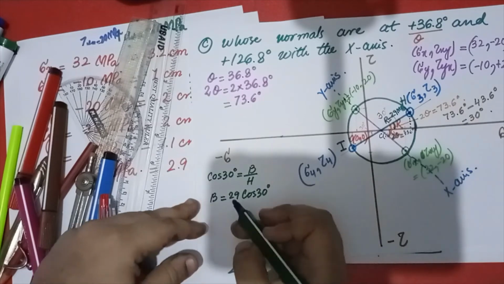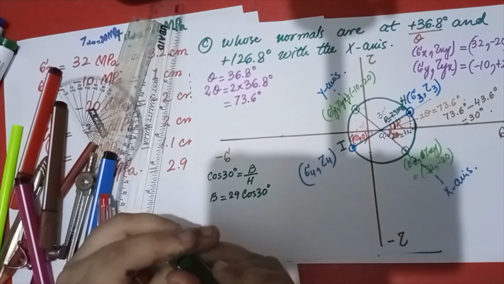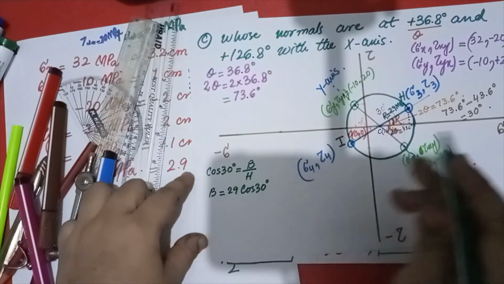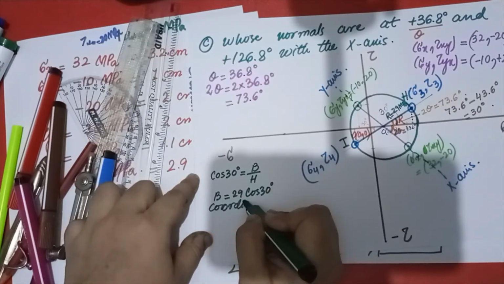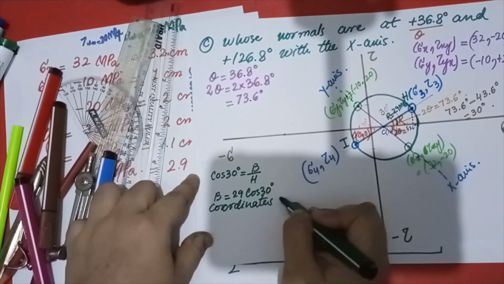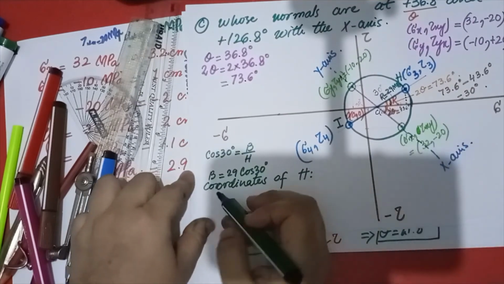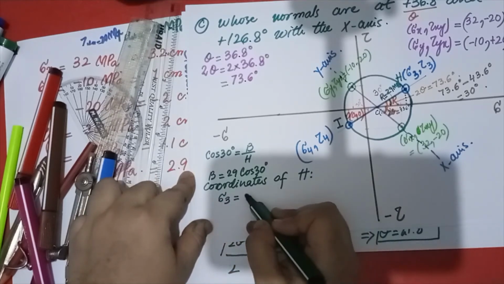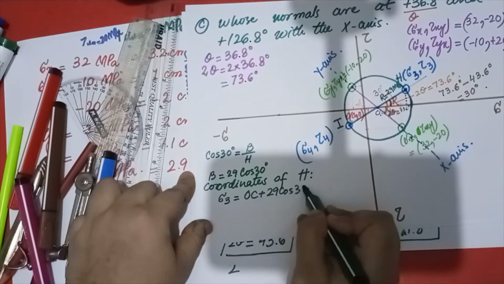So for sigma 3, the stress component, you can see the coordinates of point H. Sigma 3 is equal to OC plus 29 cos of 30 degree.